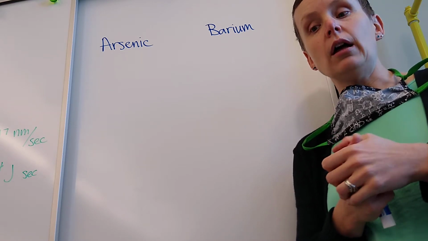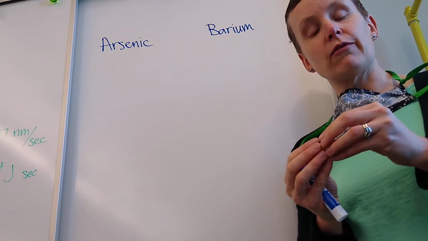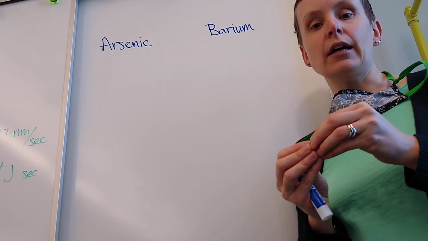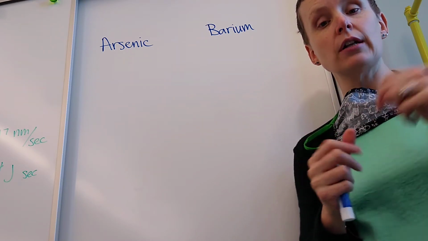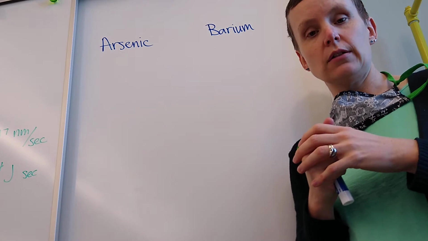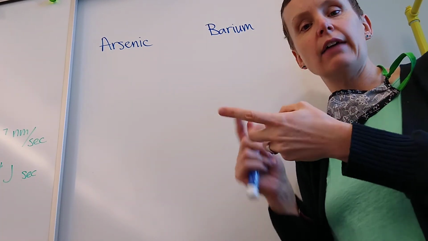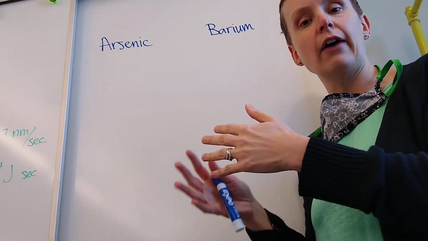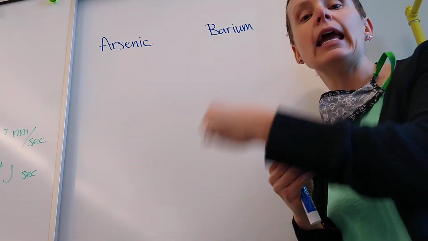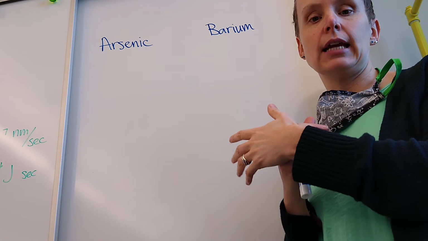Well, on this worksheet we're going to be working with forming ions. The way that ions are formed is by gaining electrons or losing electrons. When something is very close to having 8, it has 5 or 6 or 7, it's more than halfway there. It's going to gain the difference to get to 8.